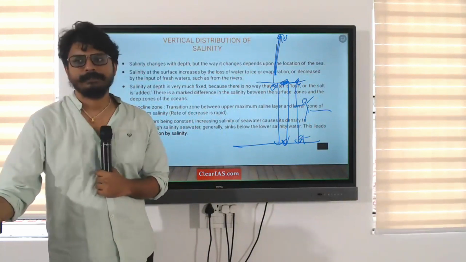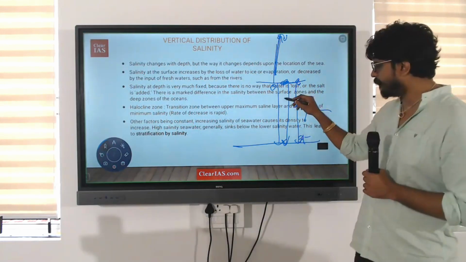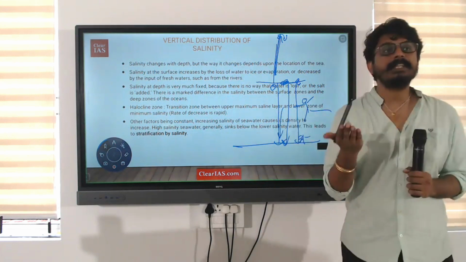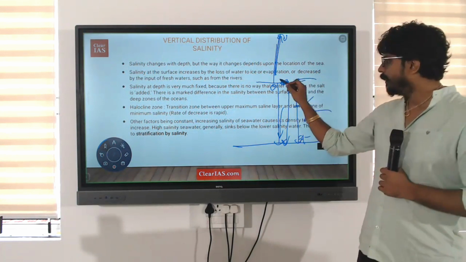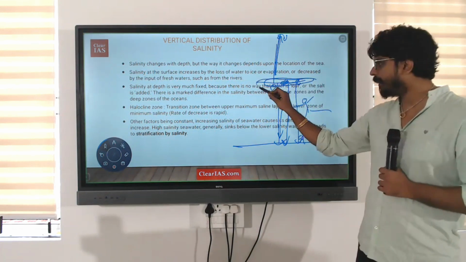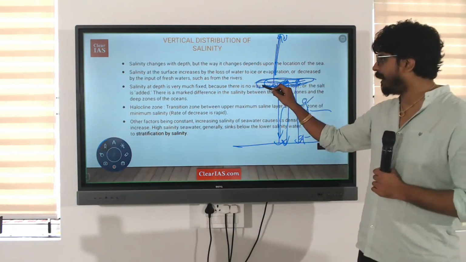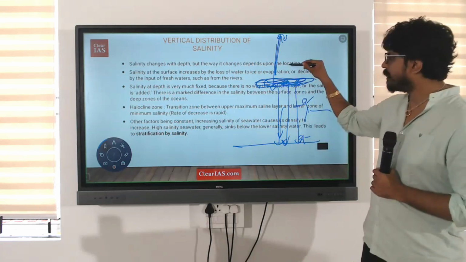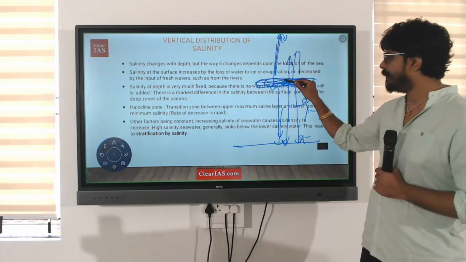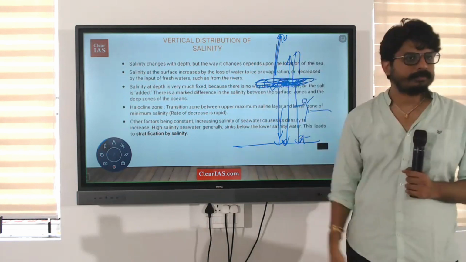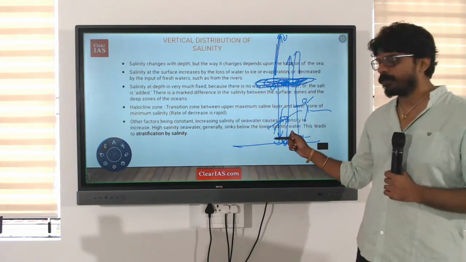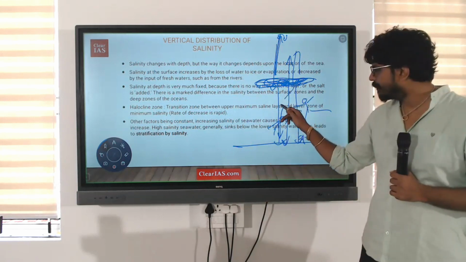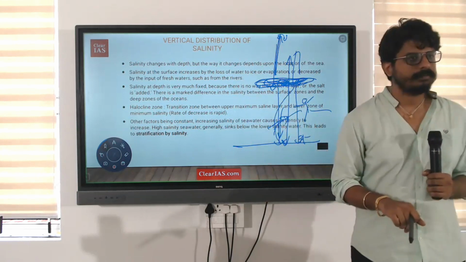You're saying that as we move downwards, the salinity will decrease. Very true in the case of equatorial or tropical regions. Why is salinity maximum at the surface? Because evaporation is happening at the surface and the salinity will be higher there. Down below, there is no addition or removal, so salinity remains almost constant.